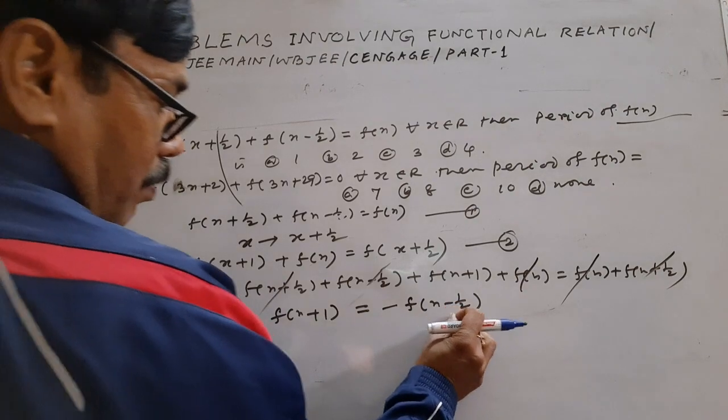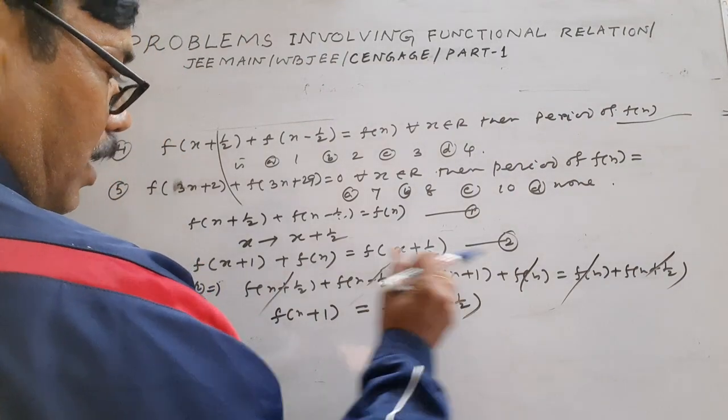To get f(x), we have to replace x by x plus half.